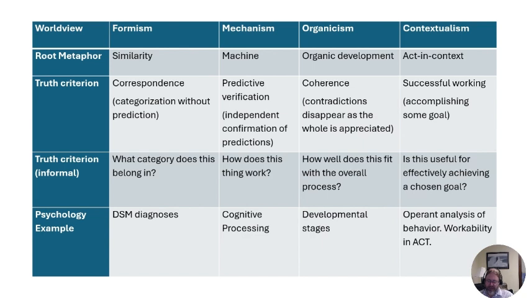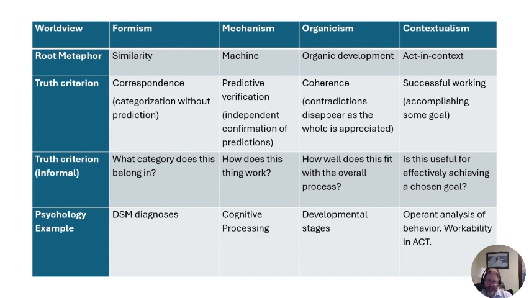And we see examples of this in psychology, initially in Skinner's operant analysis of behavior, where we focus on understanding whether we can influence a particular behavior of interest. Can we increase or decrease it? And is our way of talking about it using the ABC contingency a useful way to effectively predict and control behavior of interest?